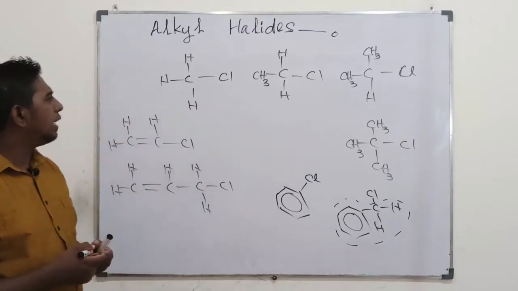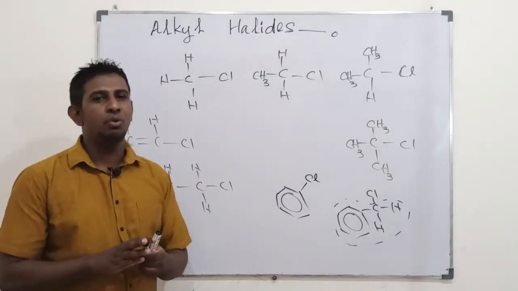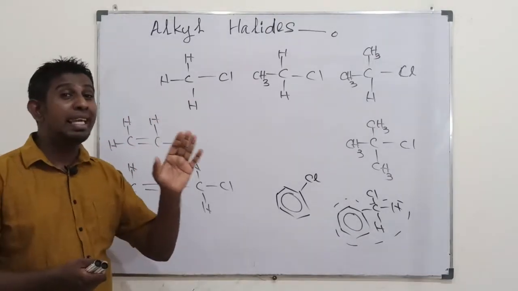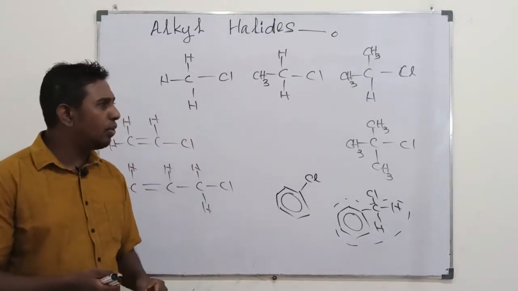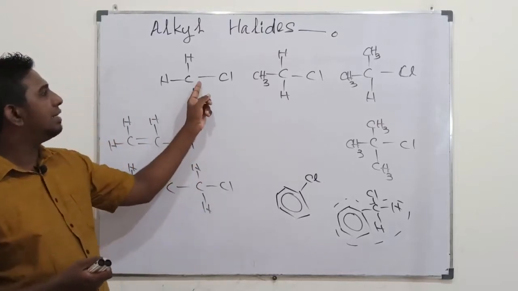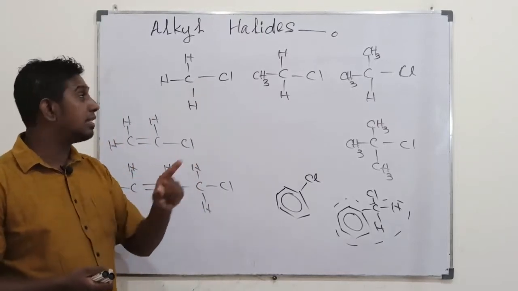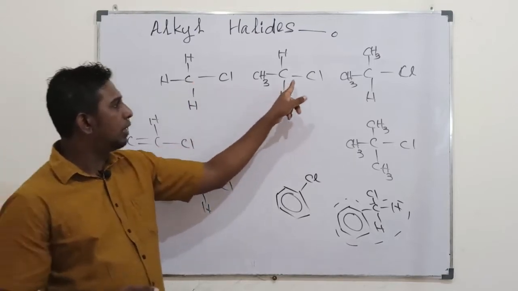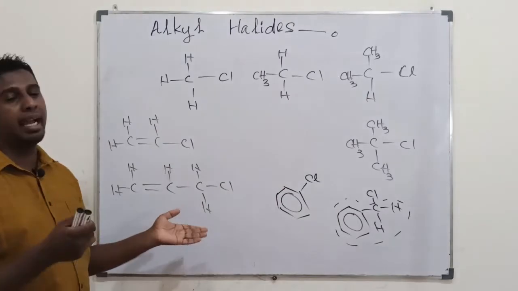Okay. Now we are going to find out their relative ability to leave the molecule. We found that there is an electronegativity difference that makes this carbon slightly positive and this chlorine slightly negative. Within all these you could find that.